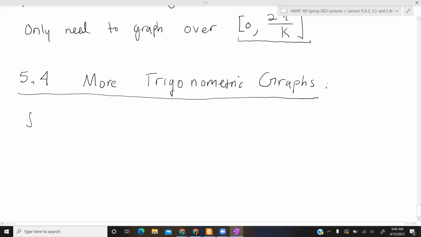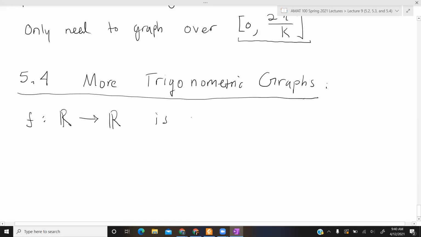So let me just remind you of what that means. We have a function from the real numbers to the real numbers. So the domain is the real numbers, the codomain is the real numbers. The image doesn't necessarily have to be equal to the codomain, remember.